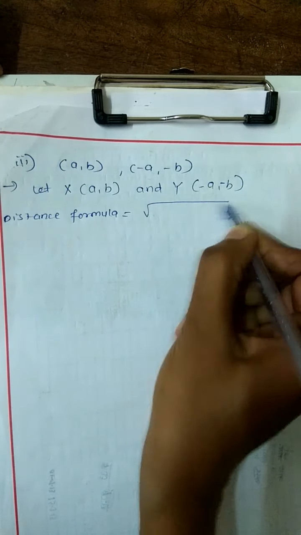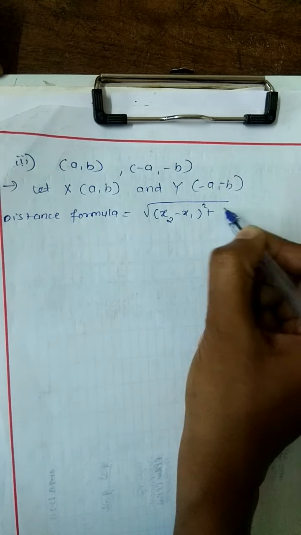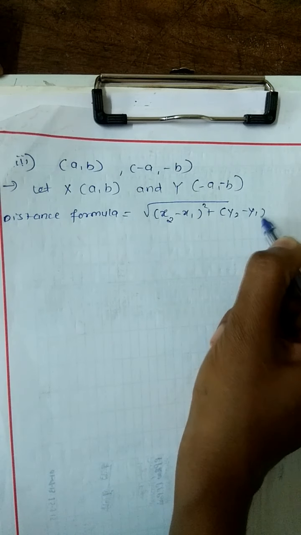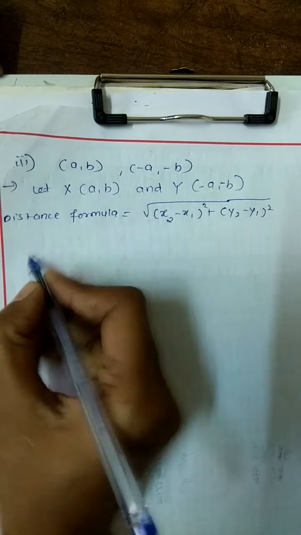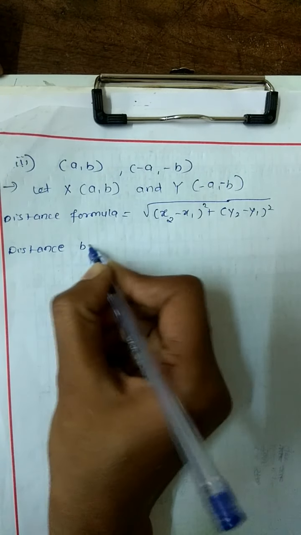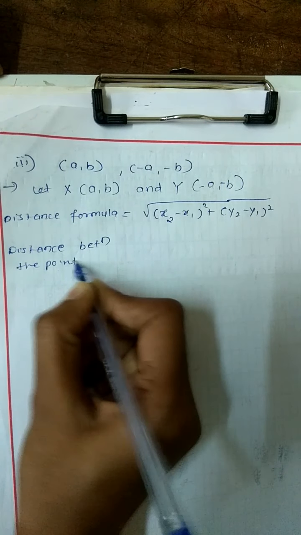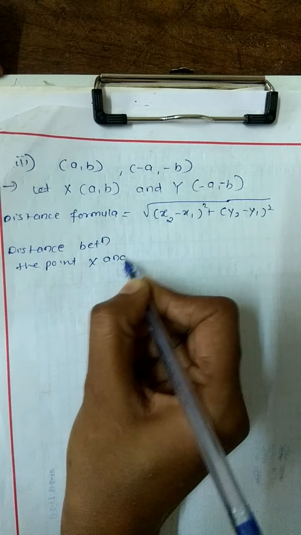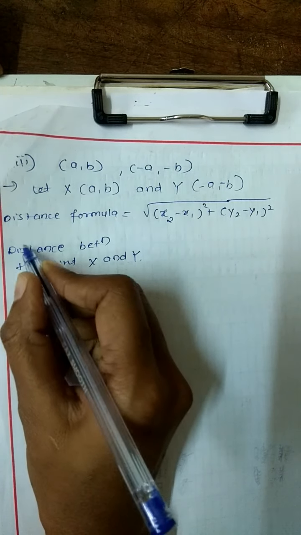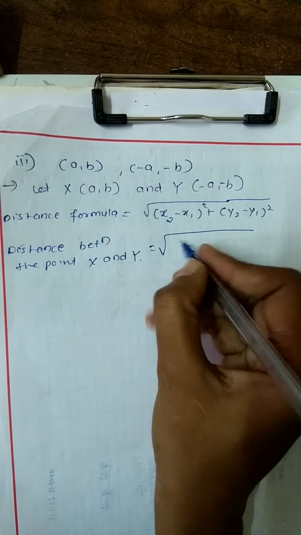The distance formula equals the square root of (x2 minus x1) squared plus (y2 minus y1) squared. So the distance between the points X and Y, or you can just write distance XY.